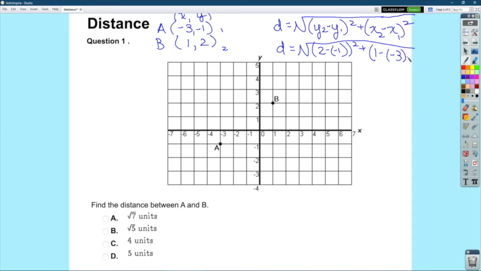This is 2 plus 1, so 3 squared, plus 1 plus 3, which is 4 squared. So the distance equals the square root of 9 plus 16, the square root of 25, and the distance equals 5.